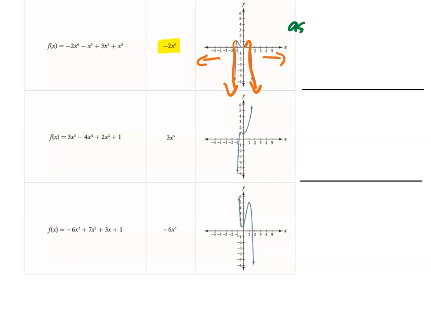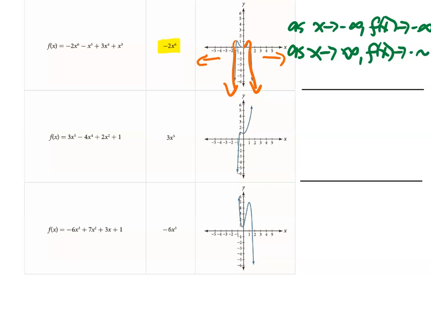So we're just going to write it down here. As x approaches negative infinity, f of x approaches negative infinity. As x approaches positive infinity, f of x approaches negative infinity. The third one, the leading term with the highest degree, highest x power, is 3x to the 5th.